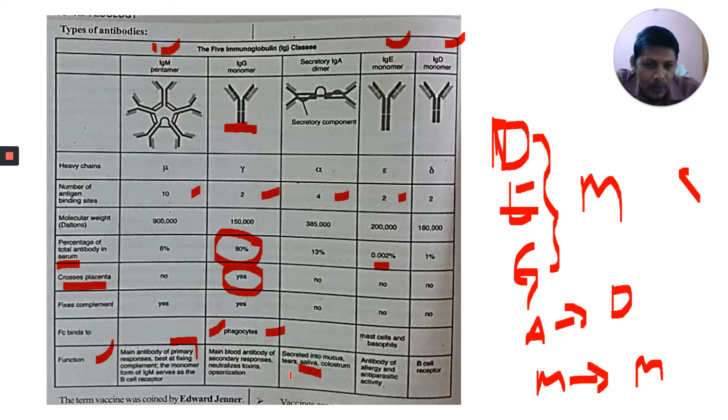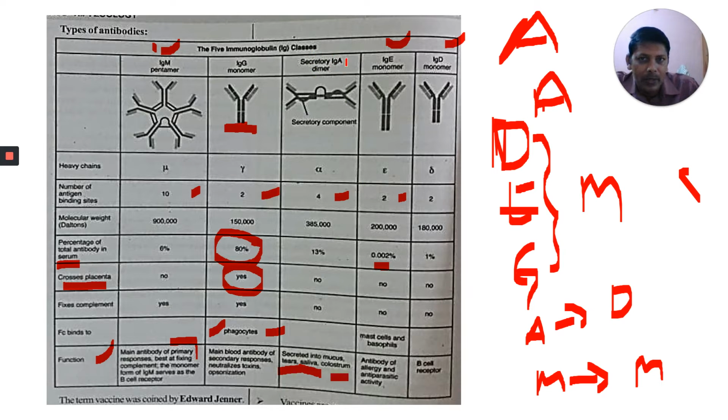Tears have antibody, the tear, colostrum, mother's milk. A for amma: IgA antibody is present in mother's milk. Next, saliva, tears, secretions consist of secretory IgA dimer. Most secretions mainly consist of IgA type. These are the important points related to this.